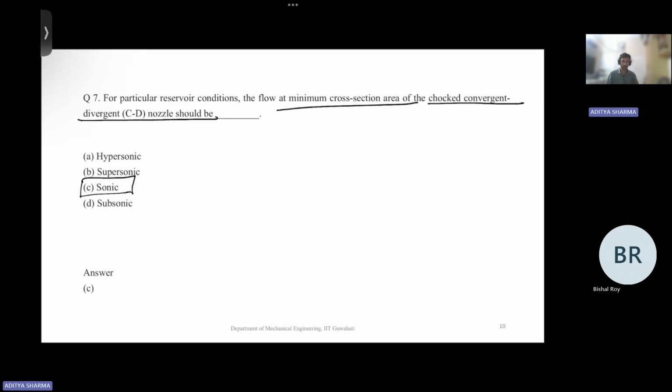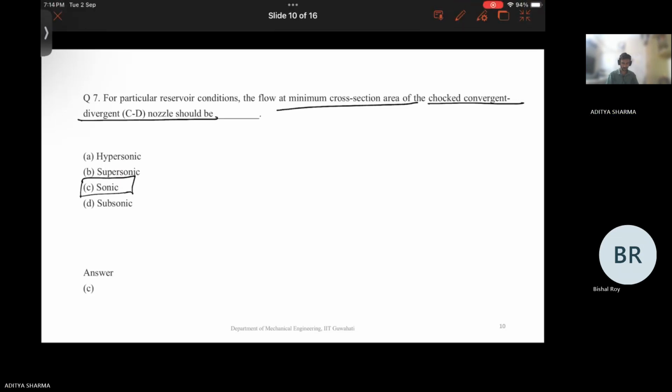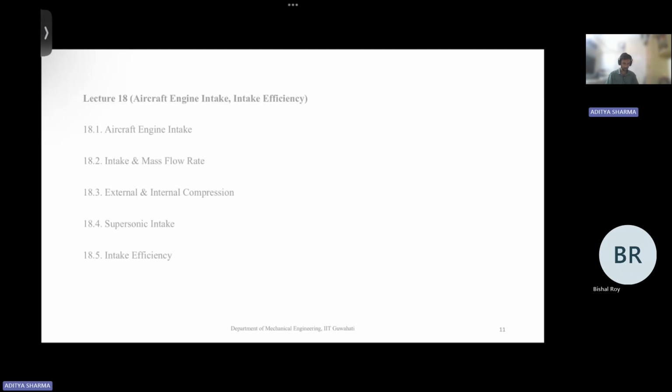Vishal has just joined. So we have discussed lecture number 17 and questions related to that. Now we are moving on to lecture number 18.